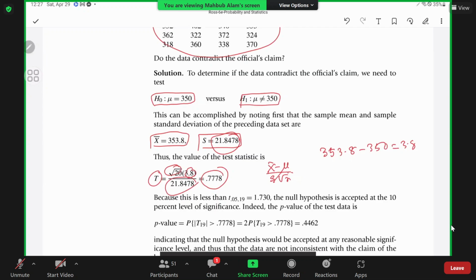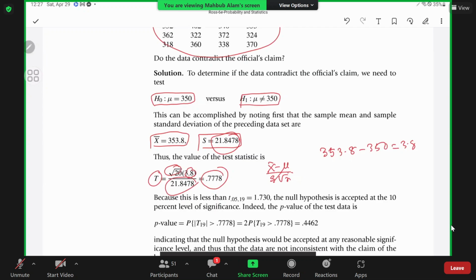On the other hand, in calculating the p-value, we check whether this is greater than that. The exact value is not there, as I mentioned; 0.22 is the approximated value. So if the exact value is not given in the table available in the exam, you need to approximate the value.